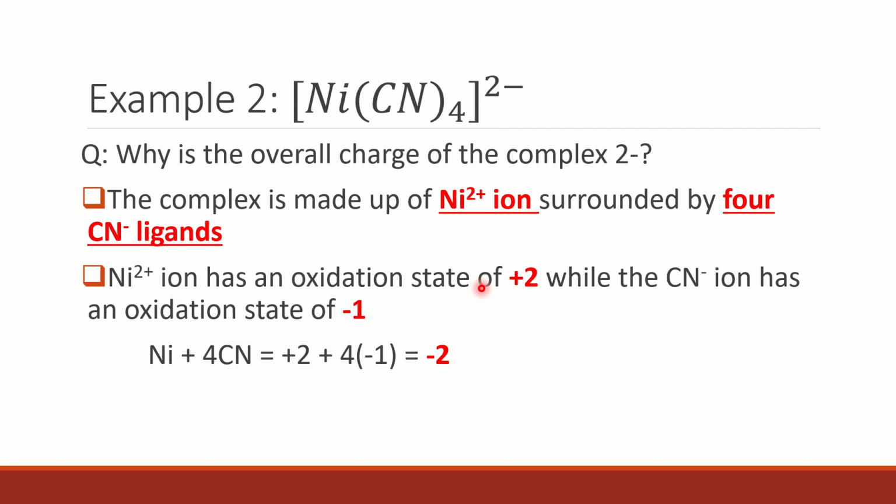So the Ni2+ has an oxidation state of +2 and the CN minus has an oxidation state of -1. If you plug into this formula, you get +2 plus 4 times -1 coming from the CN, and the overall is equal to -2. That's why the overall charge is 2 minus.